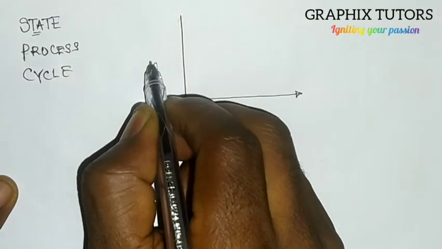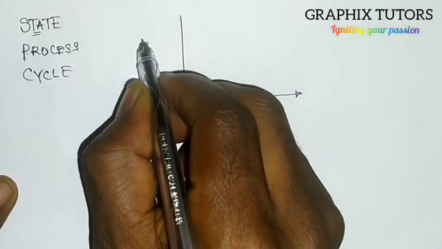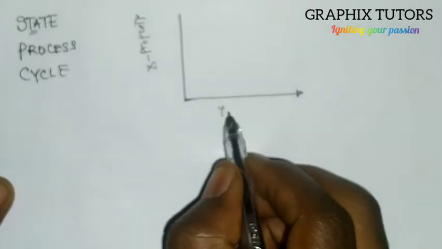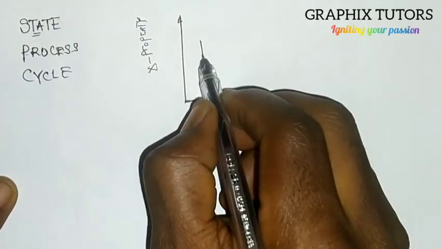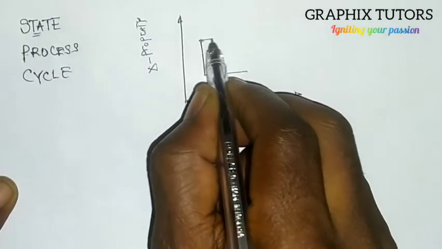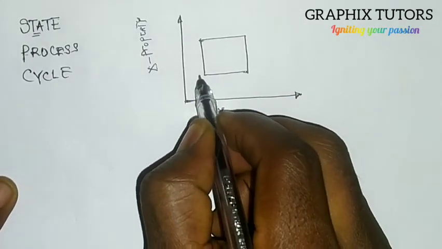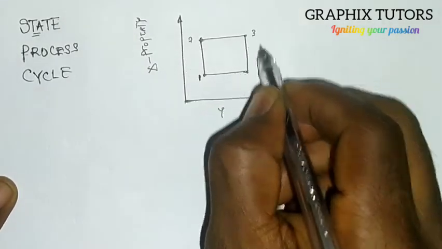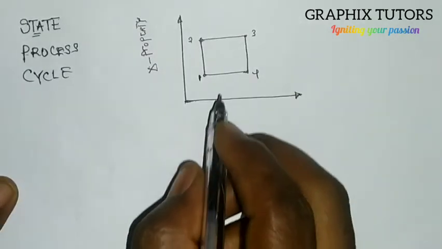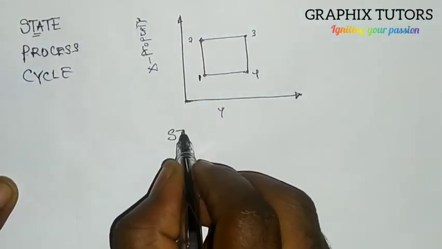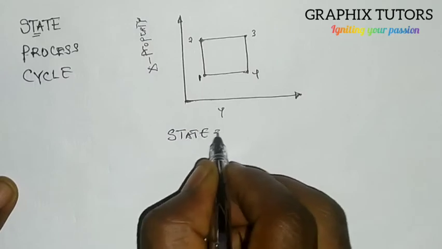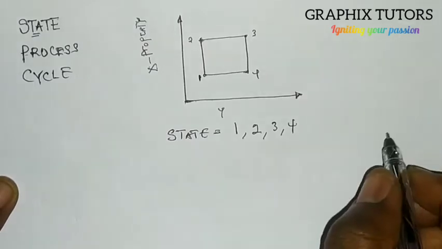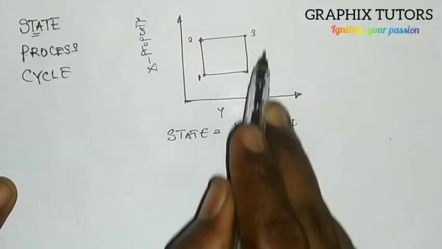This is my X property here, and this is my Y property here, right? Let's assume that this point here is state 1, here is state 2, this is 3, and this is 4. For states, we know that 1, 2, 3, 4 are all states: state 1, state 2, state 3, and state 4.